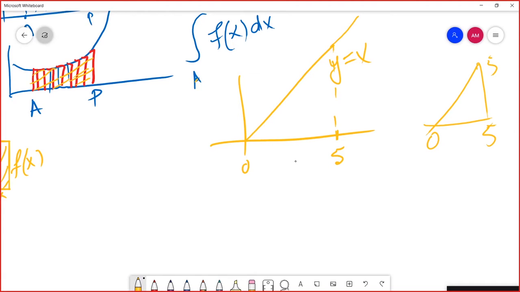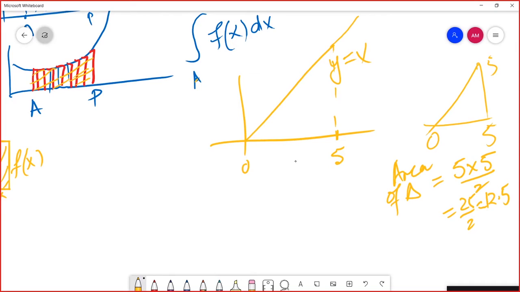And if you do it not by integration, rather by area of a triangle, do you know what is the area of a triangle? Base times height divided by 2. So base is here 5, so we would have 25 divided by 2, which becomes 12.5. Does it make sense to you? This is a simple thing.